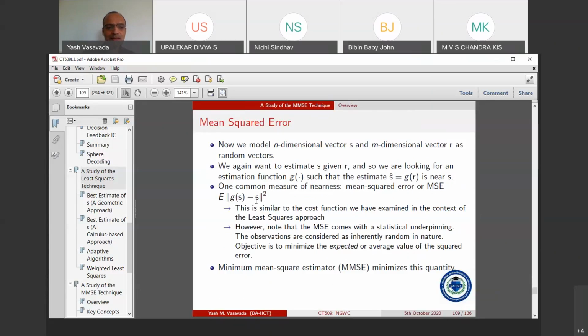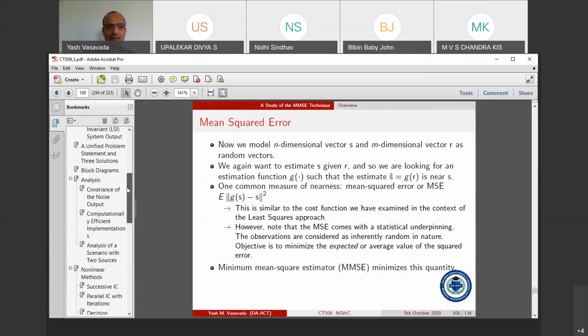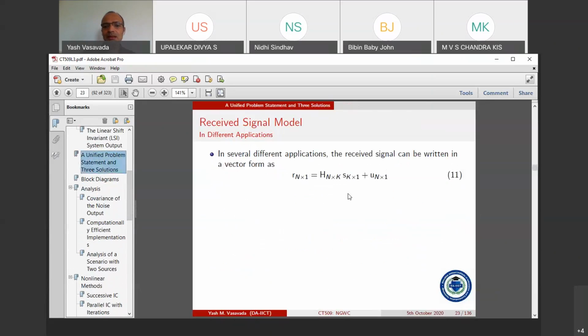And so in that sense, if I go back to this equation, one may say that the least squares and the MMSE already perform the Euclidean distance minimization. And so are they not the maximum likelihood methods?